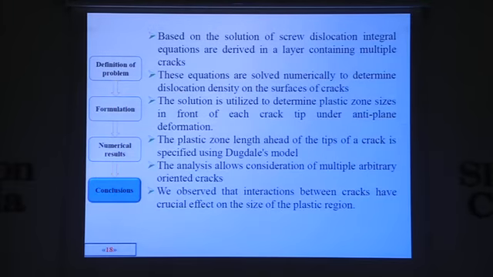So finally, we conclude that the distributed dislocation technique is an efficient method to analyze the crack problems, and you can apply the Dugdale's model, and you can specify the size of plastic zone ahead of the crack, but only in the crack line, because it is the limitation coming from the Dugdale's model.